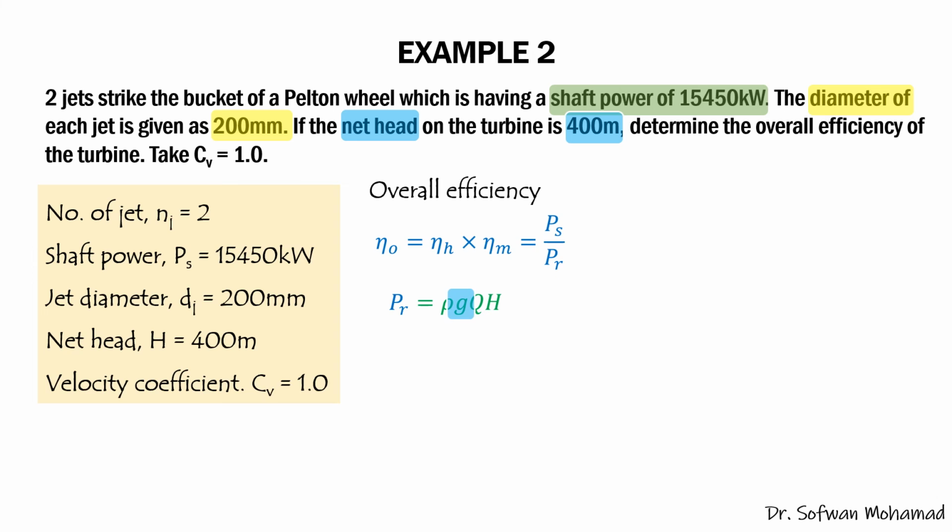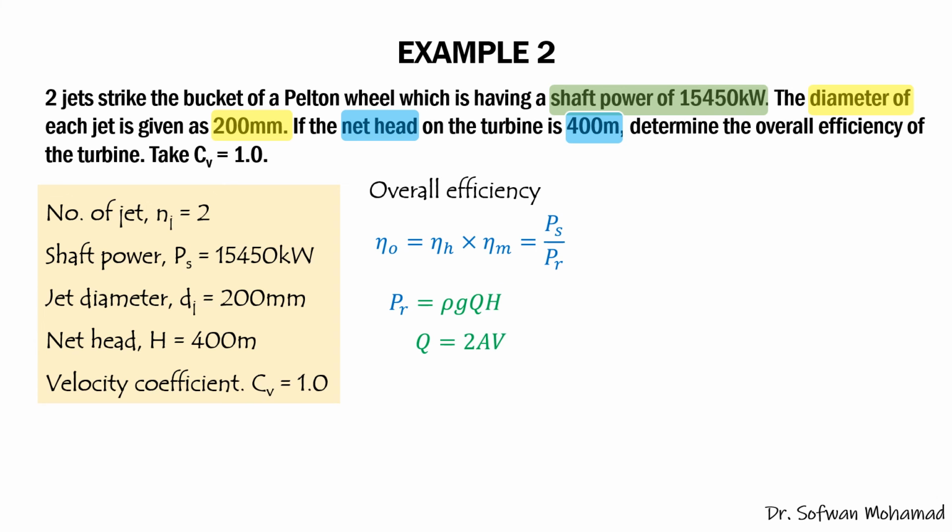And then gravity, we all know, 9.81, and Q the flow rate. We don't have flow rate, so we have to calculate flow rate. And the net height is given in the question, which is equal to 400 meters.